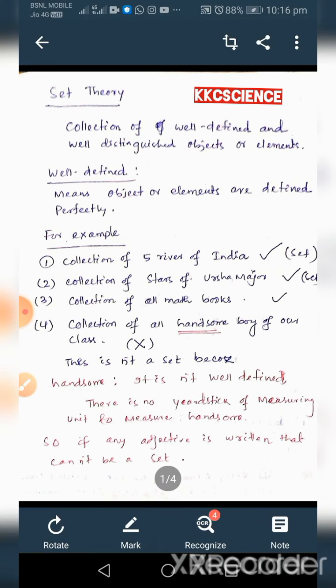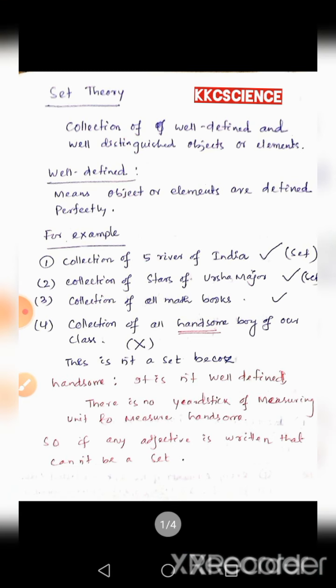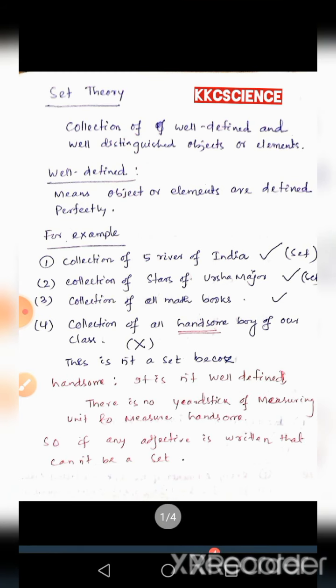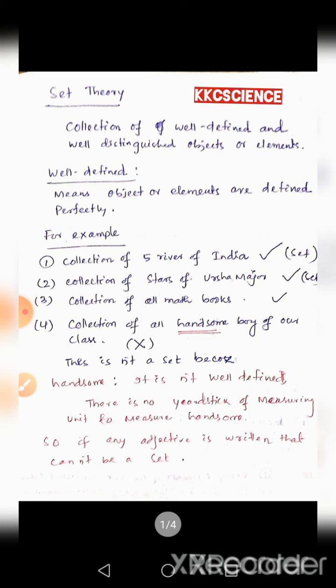Before going to set theory, first we have to know what a set is. In our day-to-day life, we hear words like a set of utensils, a pair of chappals, a pair of shoes, sofa set. What does it mean? Sofa set means there are only sofas. Utensil set means there are only utensils.